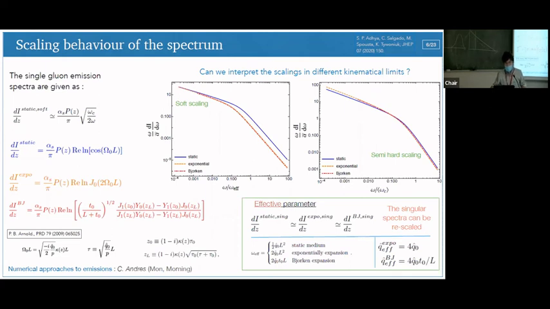When you're considering a shower, the starting time is not always the same. Are you considering the starting time from when the first parton was created, or from where the last branch was created for your last emission? I think from the first time it was created. Okay, so you haven't considered if there's a change. No.